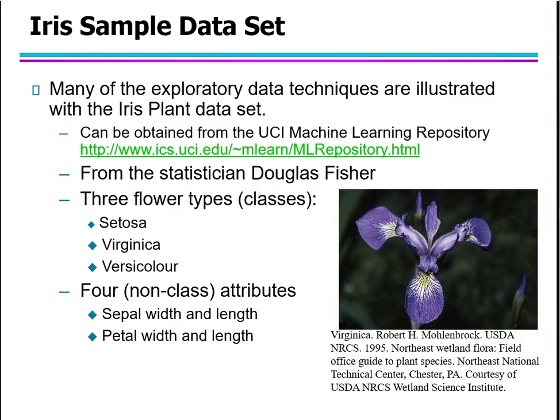The dataset was created by statistician Douglas Fisher and contains data on three different types of iris flowers: Setosa, virginica, and versicolor. For each flower, 4 attributes are measured: sepal width and length, and petal width and length. The image on the right shows an example of the virginica iris flower.